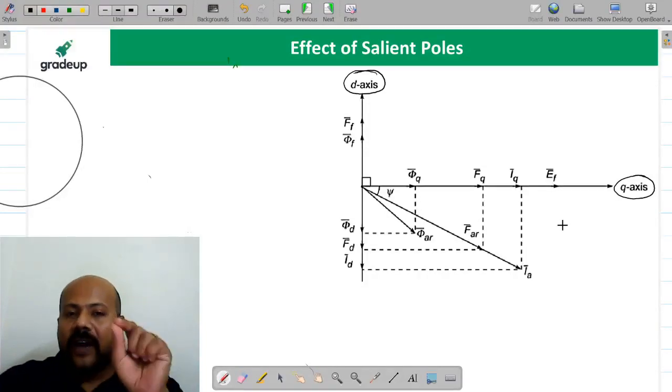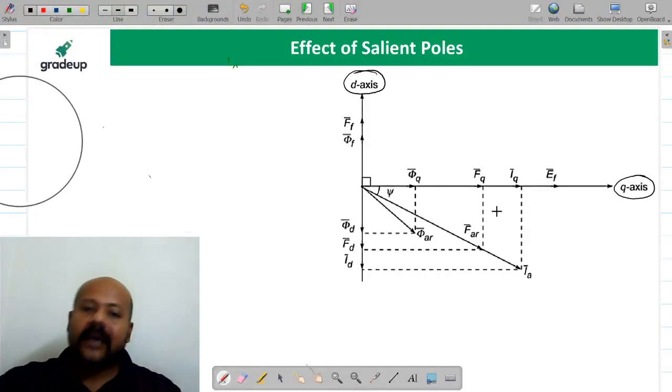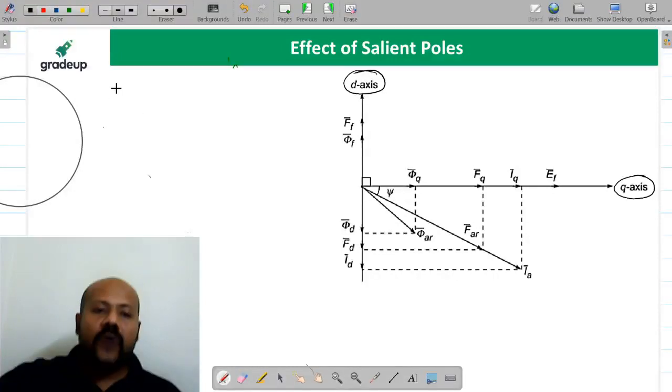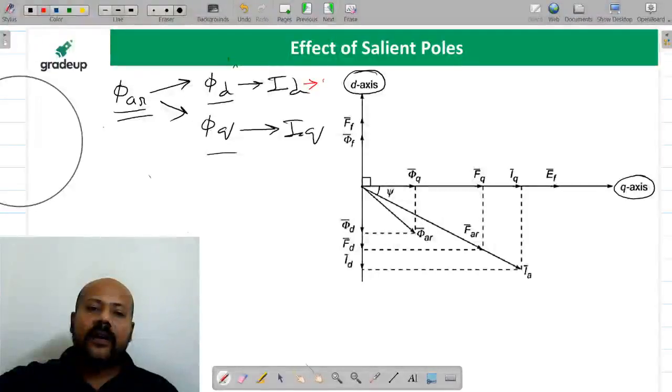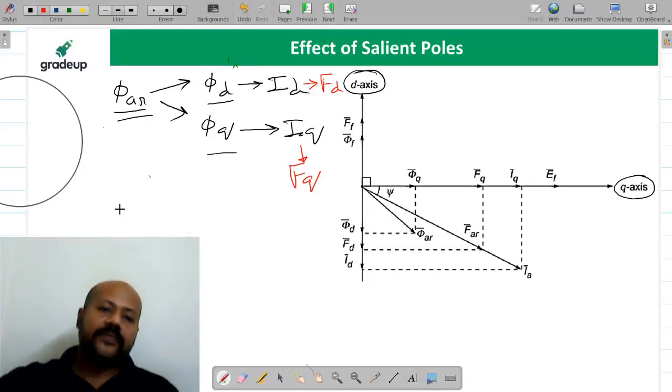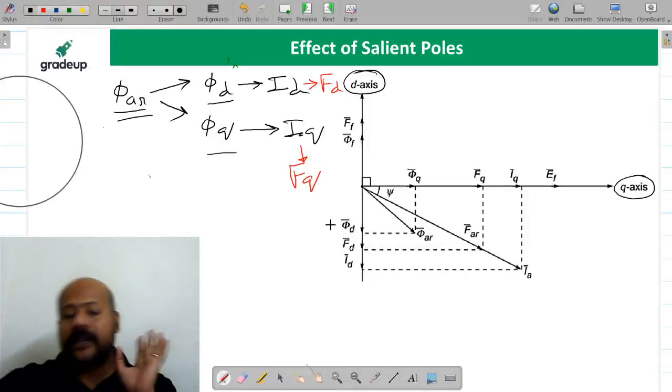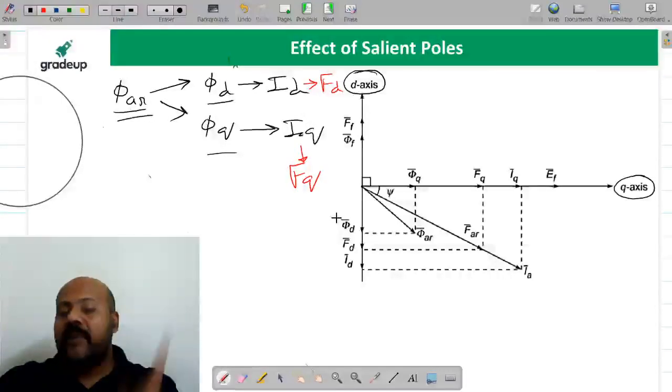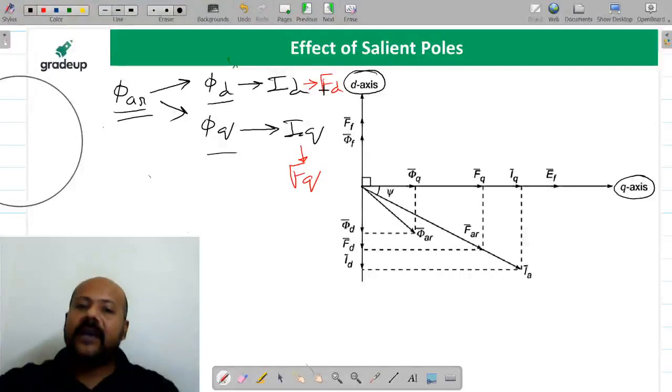Now one thing you have to make in your mind very clear, that you are going to represent the armature reaction of FD, and this IQ is in the direction of FQ that we have just discussed. The equivalent MMF of the armature reaction we are dividing into two parts, FD and FQ.